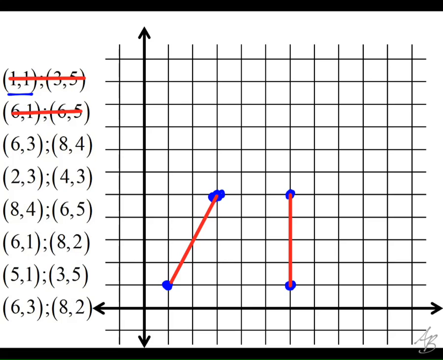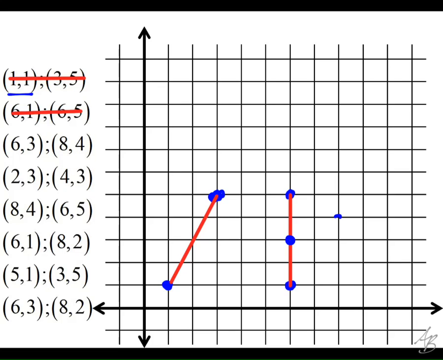So the next one we're going to do, we want the point 6, 3. So I'm going to go which way? Right 6. Come on, guys, help me out. Right 6 and then up 3. So we go right 6, up 3, and we end up right here. And then for 8, 4, we're going to go right 8 and up 4.